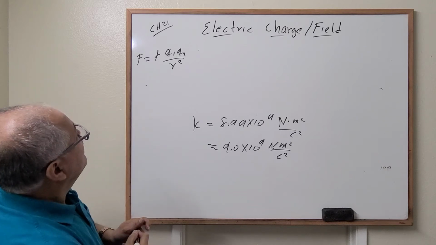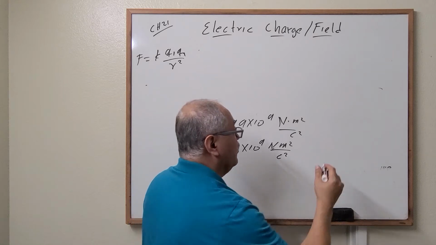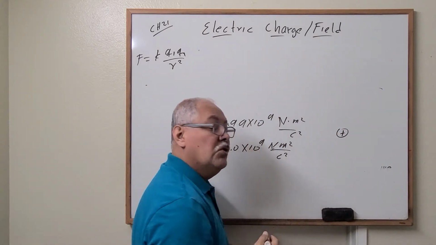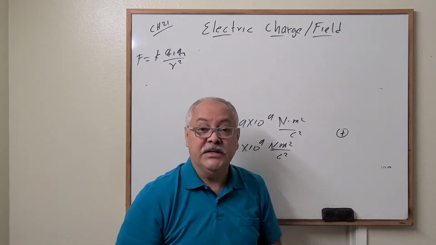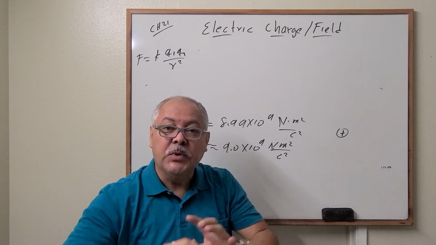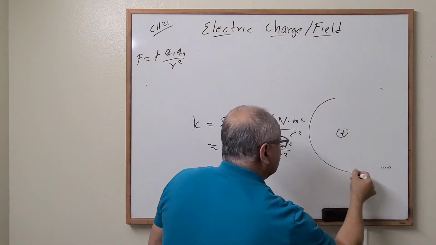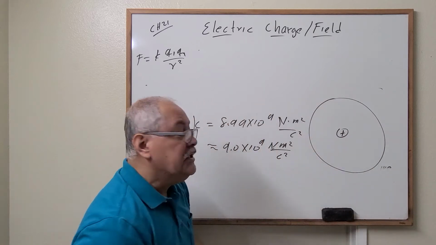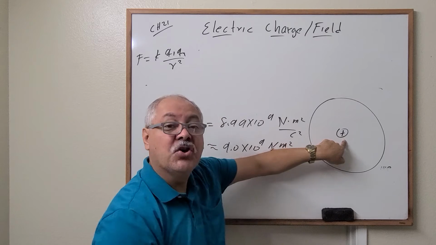But when we're dealing with point charges, usually we're dealing with fields that cover a surface over the space. Usually we take into account an imaginary sphere that covers this charge.